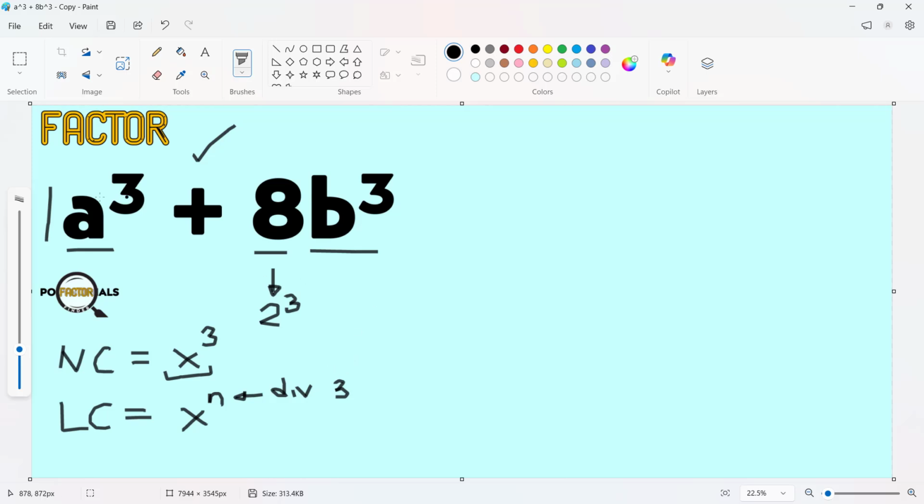And we can see here that our a is raised to 3 and b is raised to 3. Both of the exponents are divisible by 3. So together with the earlier identified numerical coefficients for the two of them being perfect cubes, and the literal coefficient conforming to this criteria, this would mean that this is really considered as a sum of two cubes.